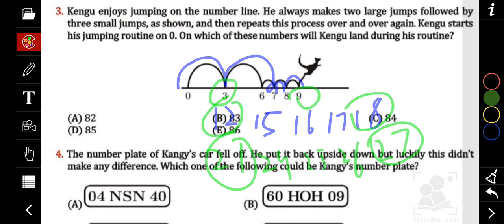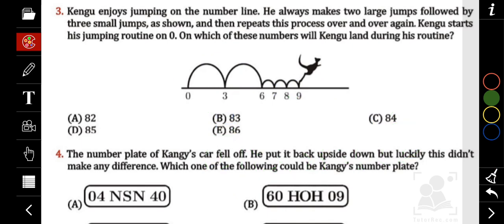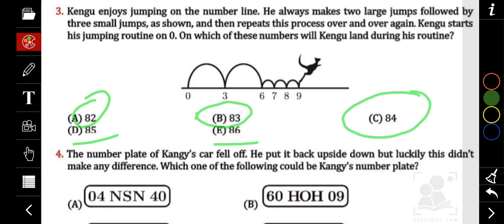So from all the options which are available, we need to see which option is a multiple of 3. Obviously 82 is not. B is also not a multiple of 3. 85 is also not divisible by 3, neither 86. So the only option which is divisible by 3 is 84. So our answer should be option C.